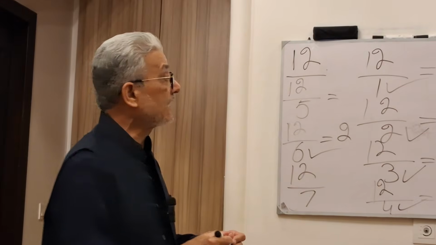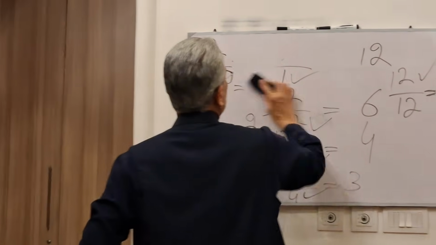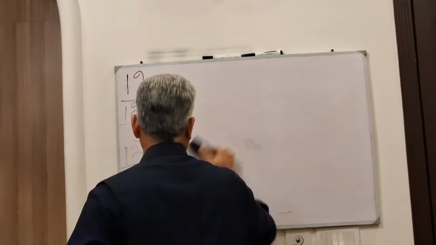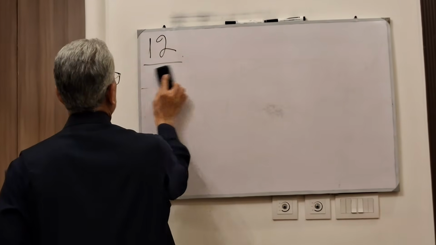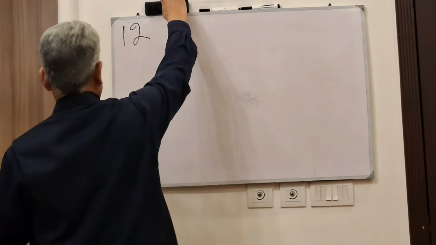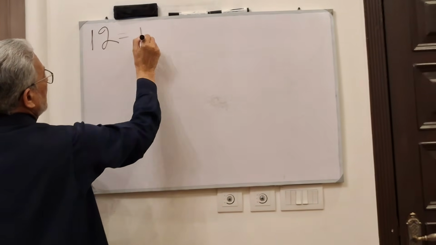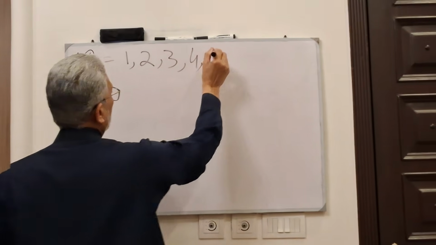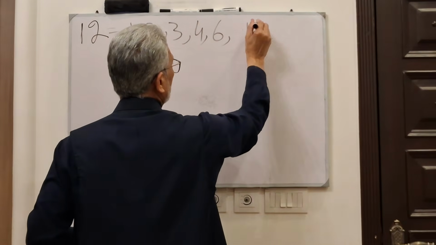Now, let me write down these 6 factors of 12. The factors of 12 are 1, 2, 3, 4, 6, and 12.